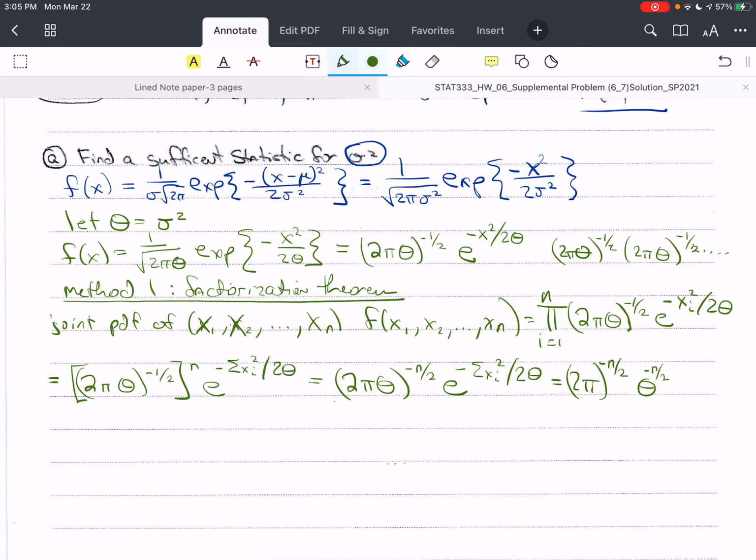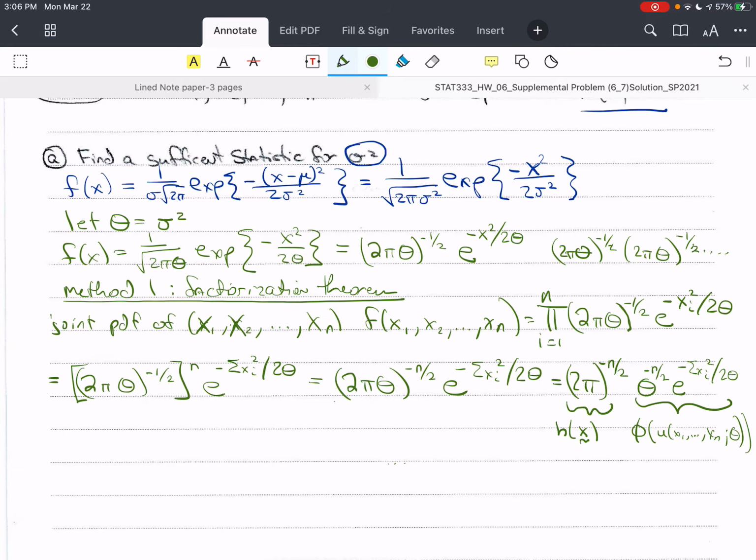Then I've got e to the negative sum of xi squared over 2 theta. Now this is phi of u of x1 to xn, theta. And this is h of x. And we'll write it like that, meaning that it's a vector.